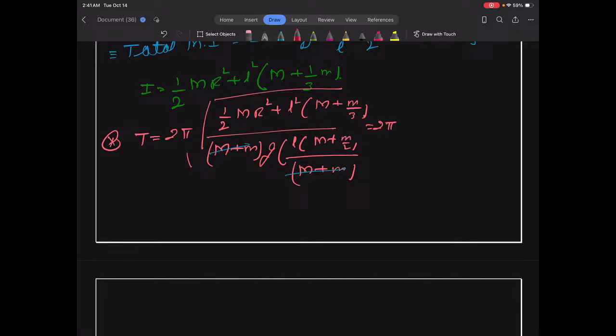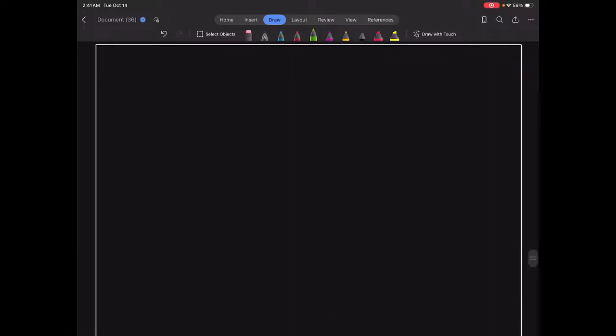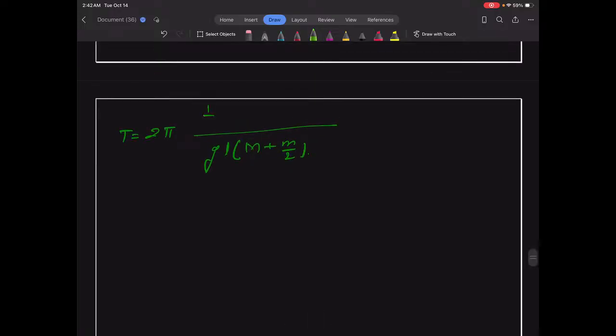Okay, we have to find a minimization. I forgot it. So let me write it here. We get T is equal to 2 pi, square root of, in the denominator g L, M plus m by 2, and in the numerator half M R square plus L square, M plus m by 3.